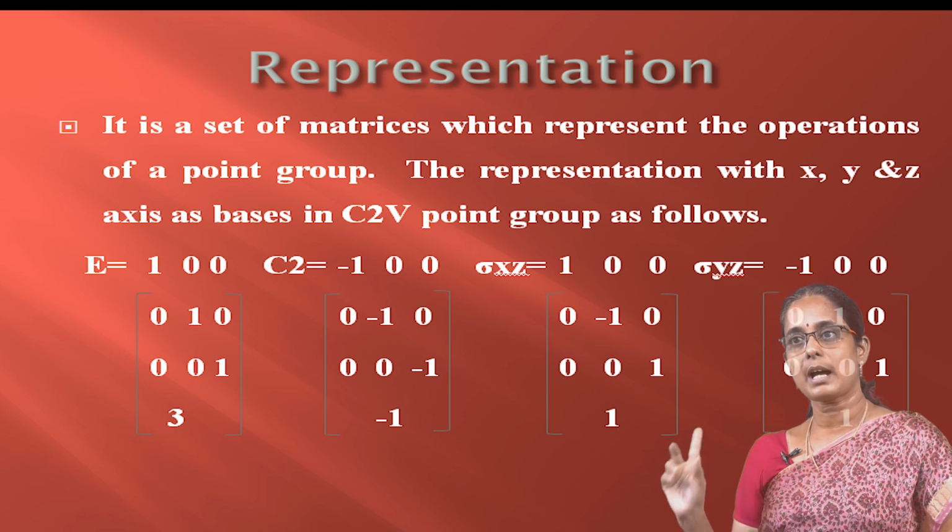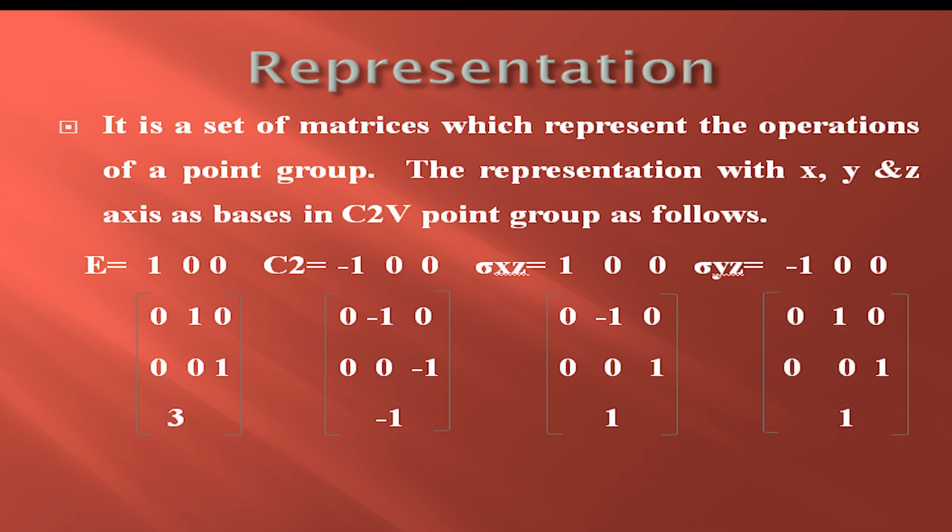And for sigma yz, the set of matrices is minus 1, 0, 0, 0, 1, 0, 0, 0, 1. So in the C2v point group, the characters of the matrices are 3, minus 1, 1 and 1.